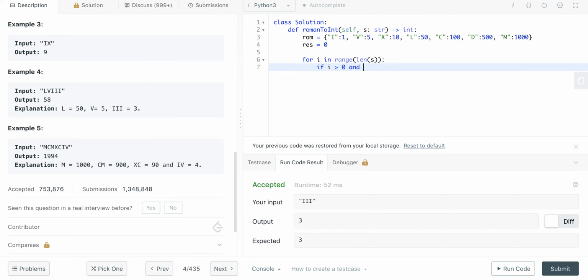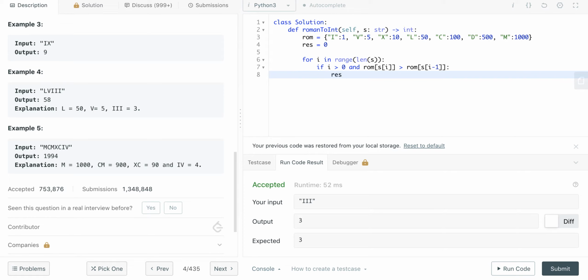So if i is larger than 0 and Rome s[i], the right digit, is larger than the left digit, then that will be the special case. We need to do the minus calculation.